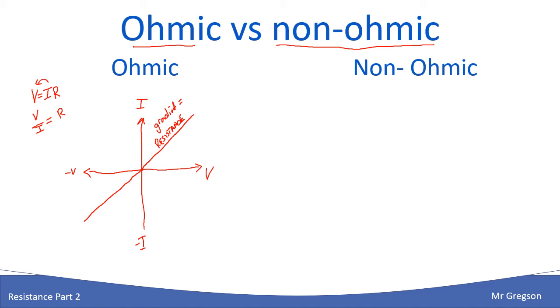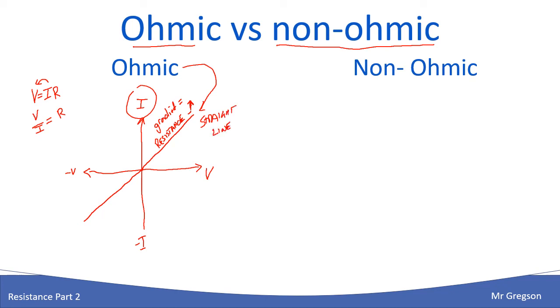But what we generally find is as we increase our current in most items, our resistance starts to increase. If our resistance starts to increase, it will start changing things. It will mean we need more voltage for the same amount of current, and it won't look like this nice, perfect straight line. So ohmic means we have a straight line.